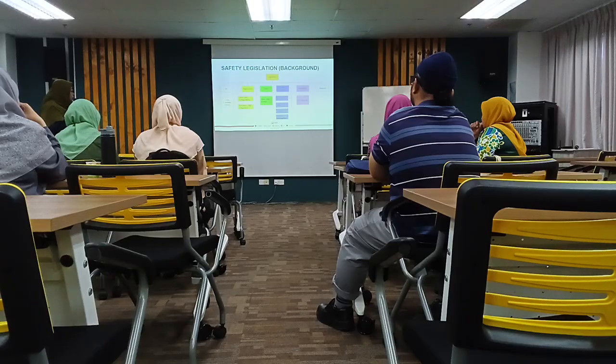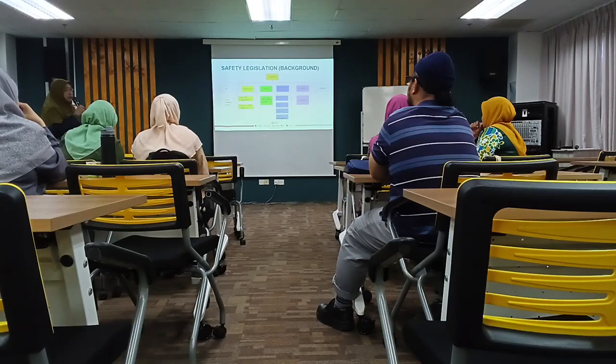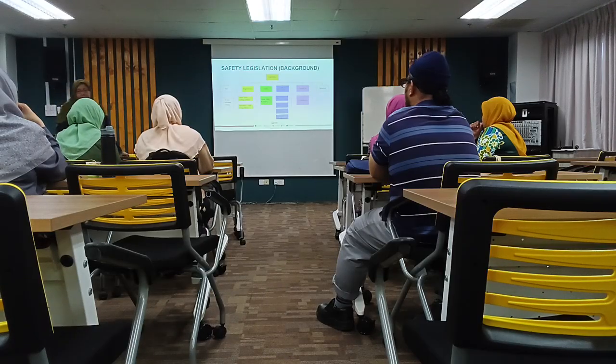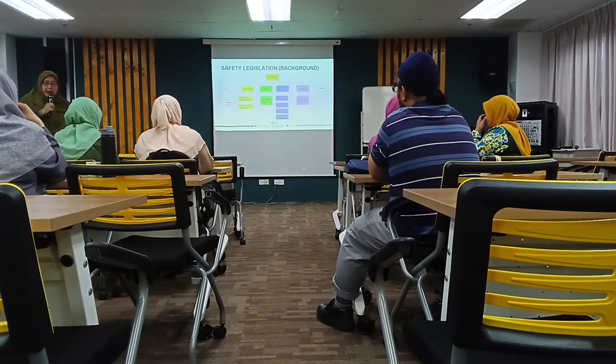All of us will have to follow this code of practice, whether we want it or not. And then we have guidelines, which are 10 categories, and then directive. Directive is rarely issued by DOSH.